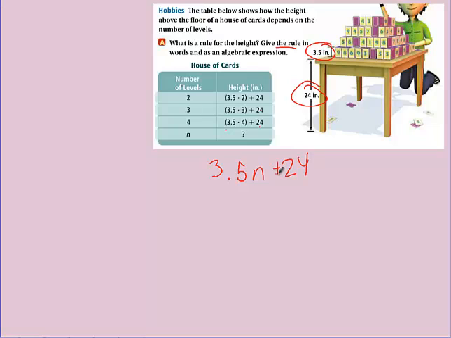So how would we do this? Well, 3.5 times n plus 24. Well, we can go 24 more than. So let's start with that. This plus 24 is going to be 24 more than. And it's more than what? Well, it's 3.5 times n. So let's say more than the product.